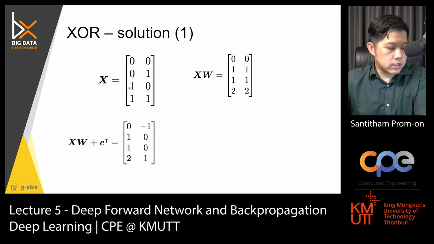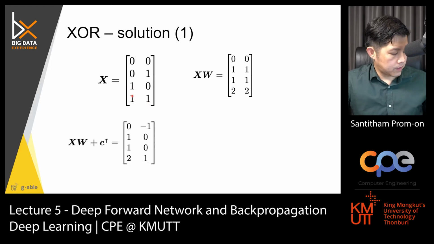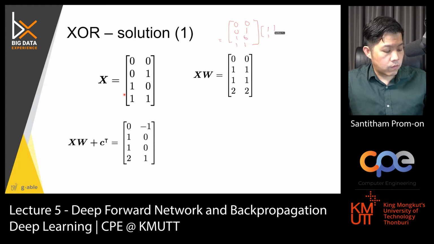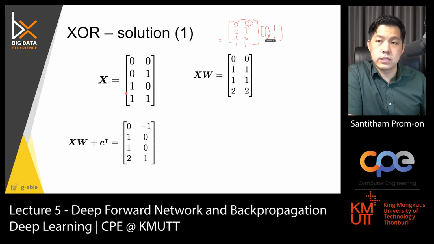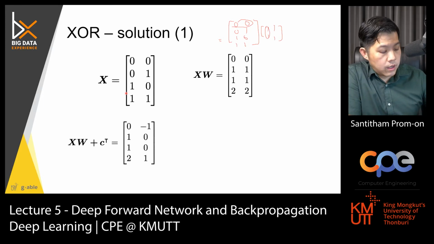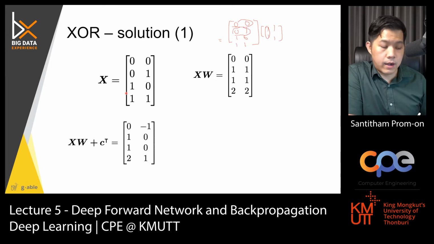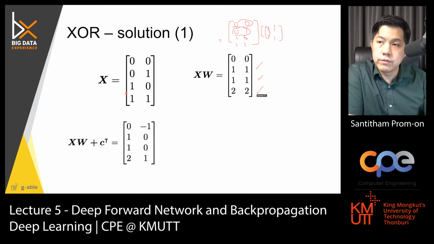Now let's multiply X with W. I would write XW equal to 0 0, 0 1, 1 0, 1 1 multiplied by the matrix of 1s. So the first row is obviously 0 and 0. And for the second row, the first and second entries are 1 and 1. That's why we got this and this, and 2 and 2, right? So this is the multiplication of X and W.